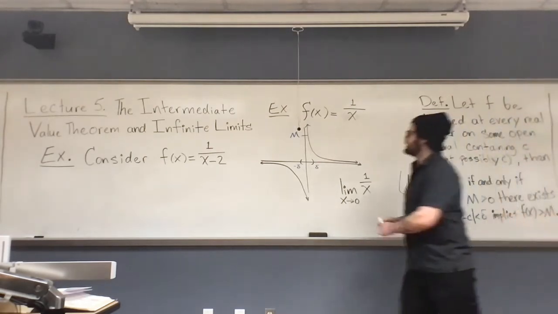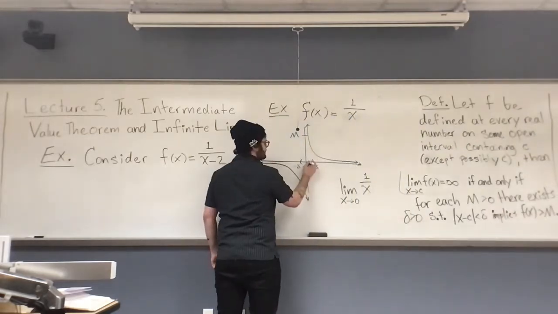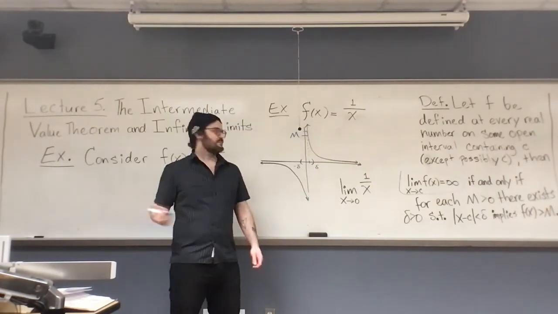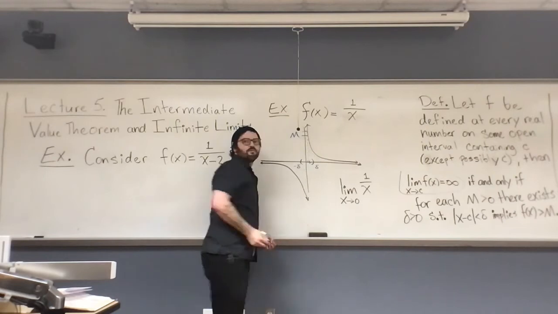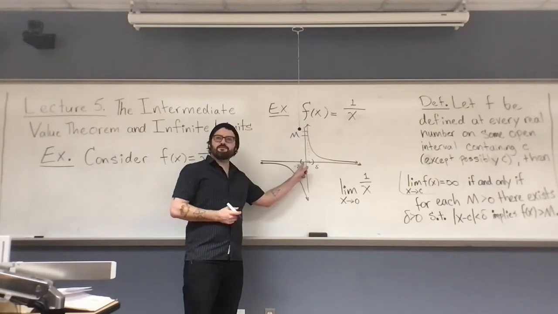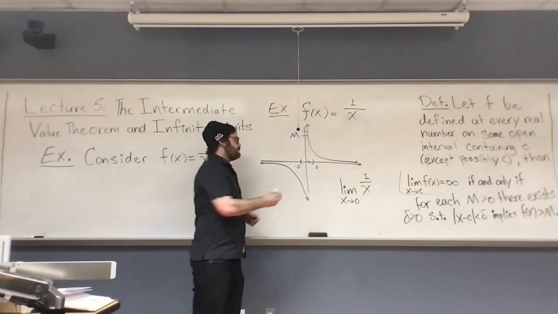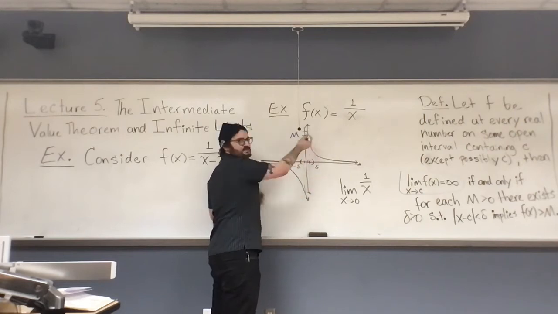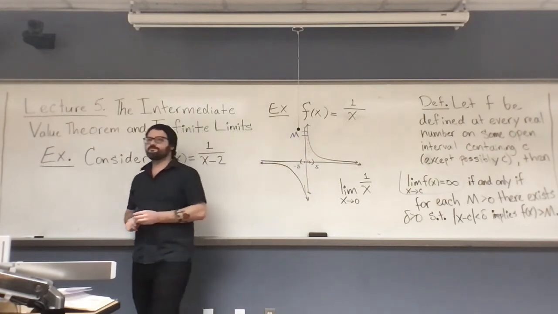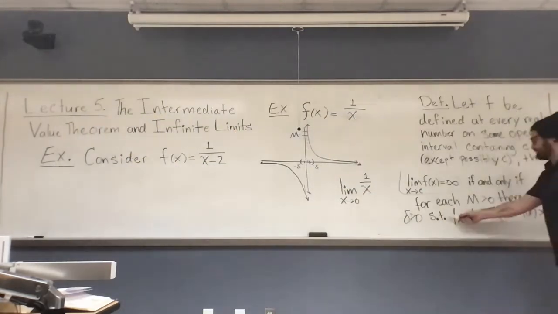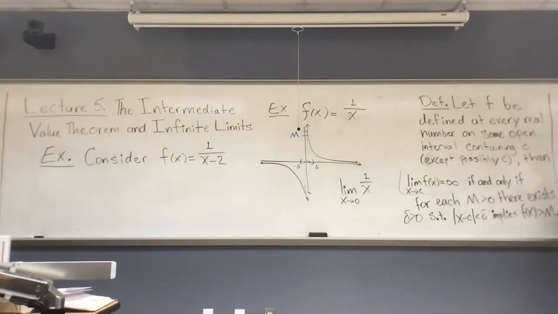Now, yes, if we pick x over here, it's above m, right? Any x we pick over here, it'll shoot up over there. However, those x on this side of 0 are also within distance delta to 0. If we pick any of these x, oh, it's down here. It's less than m. So this condition right here, this conditional statement, if that, then this, does not hold for that example.